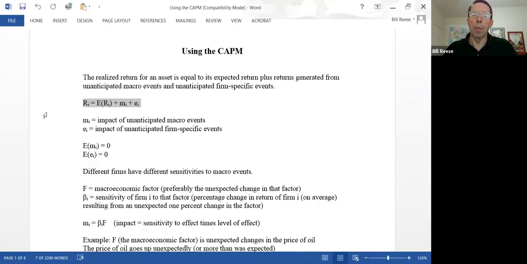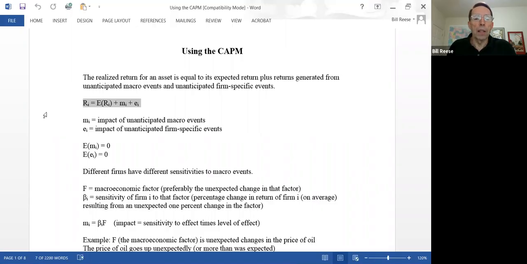M sub I is the impact of unanticipated macroeconomic events, things that affect the entire economy that were not expected. What is E sub I? The impact of unanticipated firm-specific events, things that impact this individual company that were not expected.